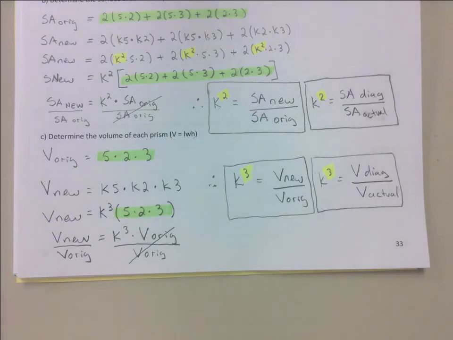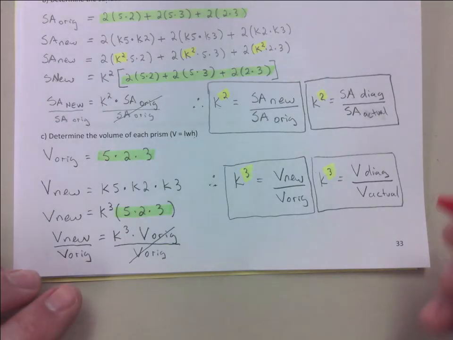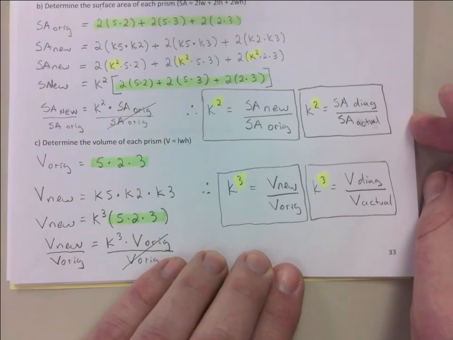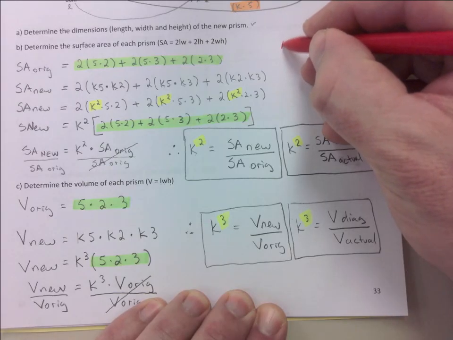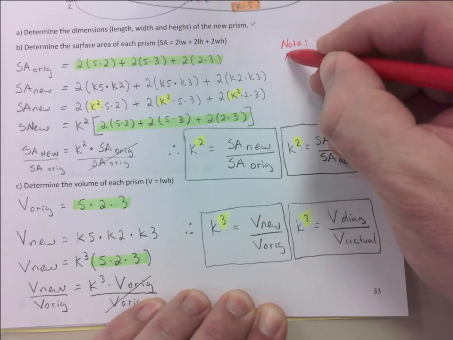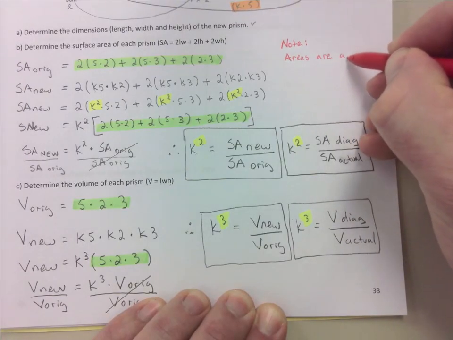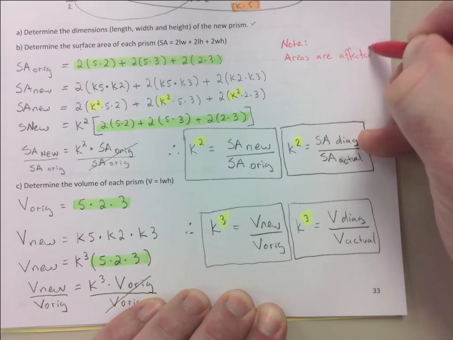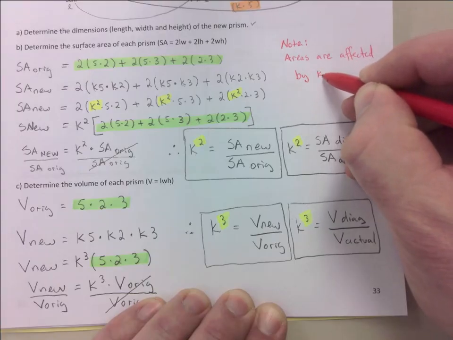And I'll make a little note. I'm going to use a red pen for this part, or some different color if you have it. I will say this up here: note, areas are affected by K squared.